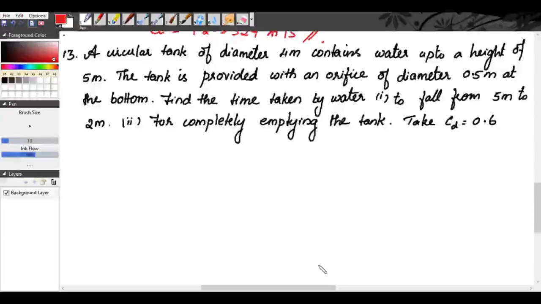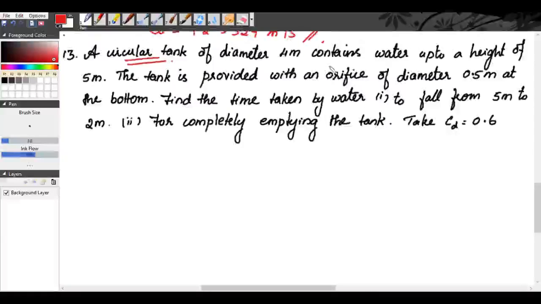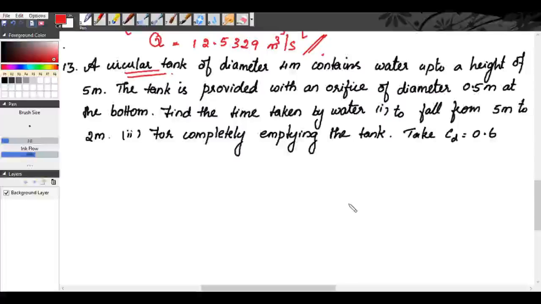Next problem is a circular water tank. The water tank is circular, of diameter 4 meter, and contains water up to a height of 5 meter. That means the diameter of the circular water tank D is 4 meter. It contains water up to a height of 5 meter, that means our initial height H1 is equal to 5 meter.